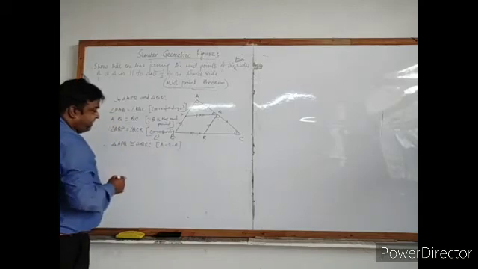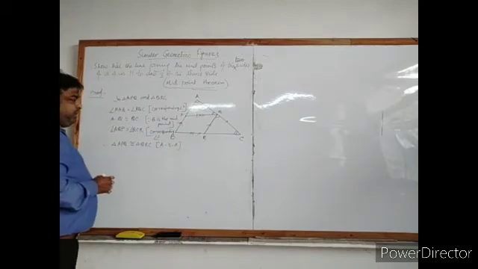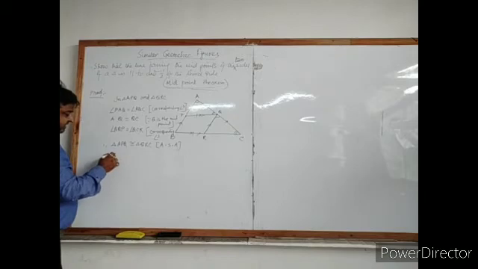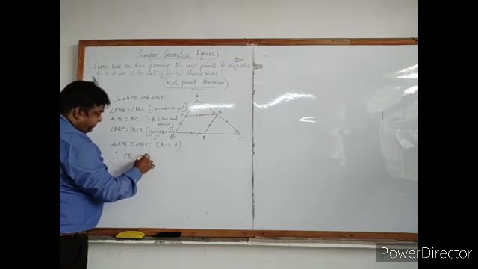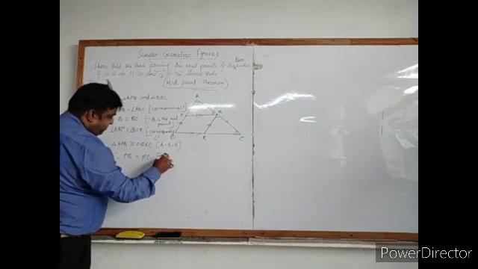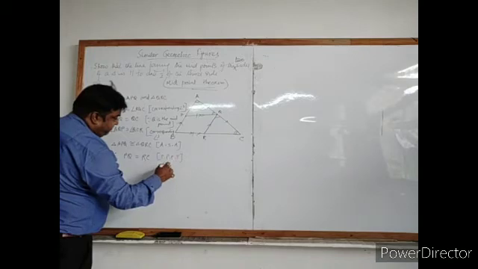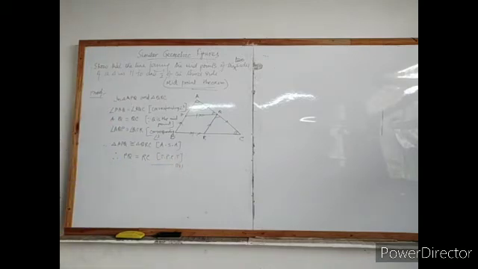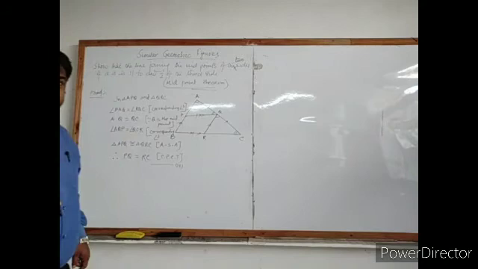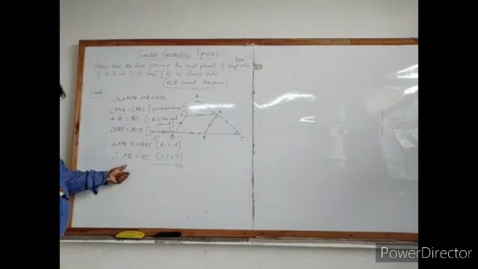So from that congruency we can write, by CPCT, PQ equal to RC. So this one we can mark as 4. Earlier we marked 3, in which we had PQ equal to BR. And now in 4 we are marking PQ equal to RC.